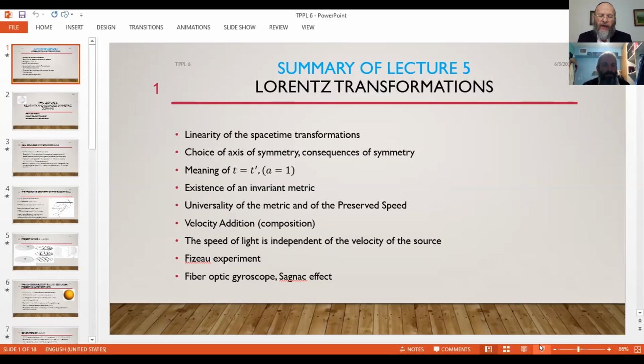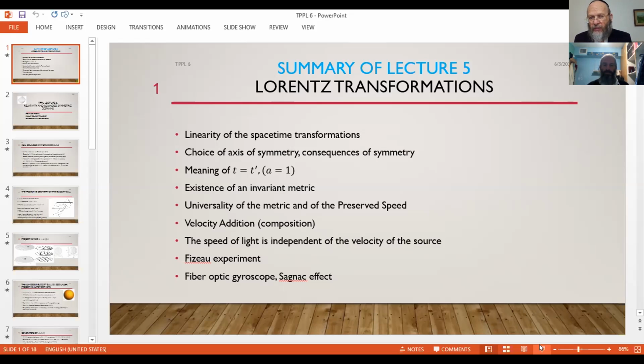Then we also found that the Fizeau experiment, describing the velocity of light in moving water, which had a very strange formula and could not be understood within classical physics, gives the right formula when using the right velocity addition.